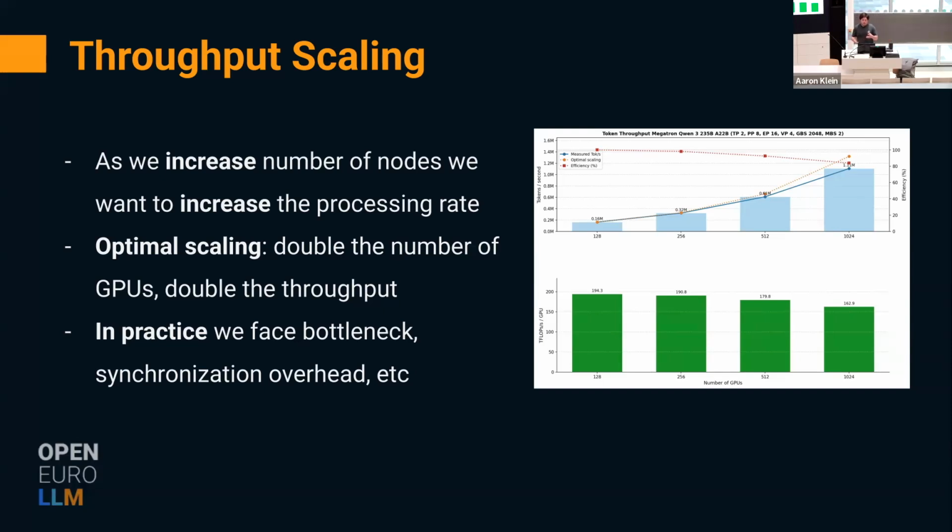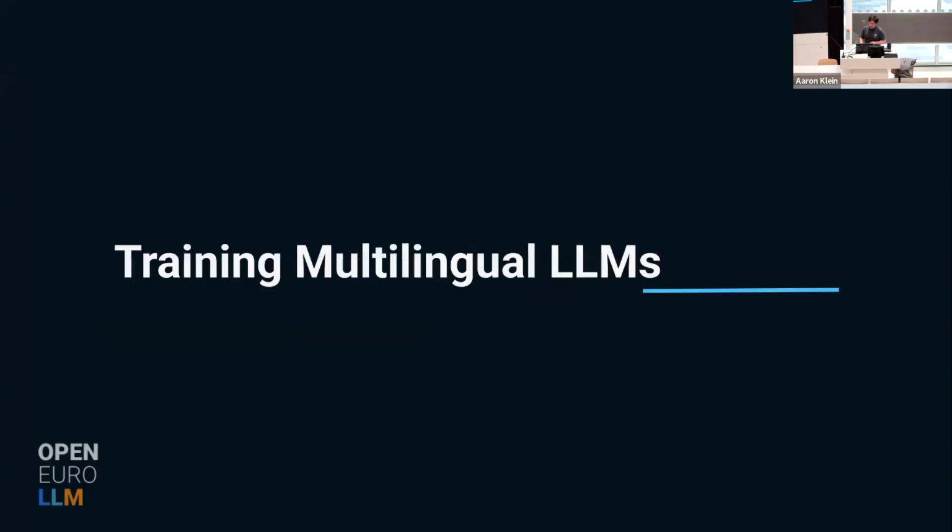This is in practice rarely the case, especially if you go to, for example, 1,000 GPUs, because then you face some bottlenecks or synchronization overhead or data loading issues. But there's a lot of work that we spent on optimizing our training procedure so that we get as close as possible to the optimal scaling. There's a lot of technical hurdles that we need to face here.